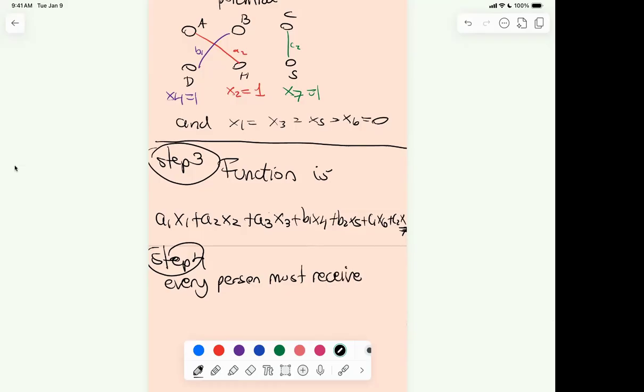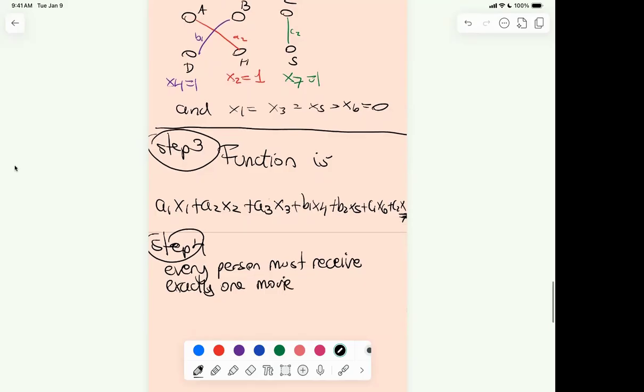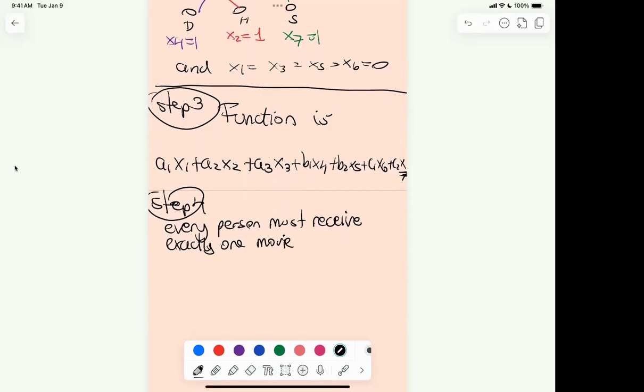It's not more than one or less than one, it's literally one movie. And the trick for doing that, if you have taken discrete math, is how you model the OR operation in this type of linear program.